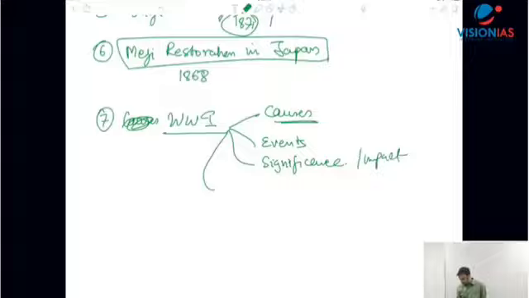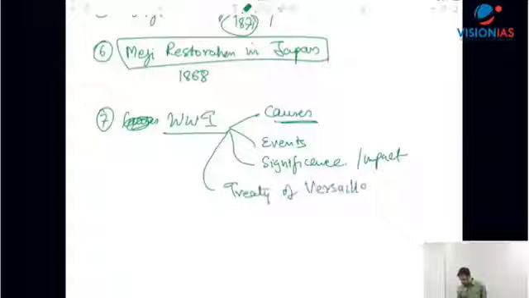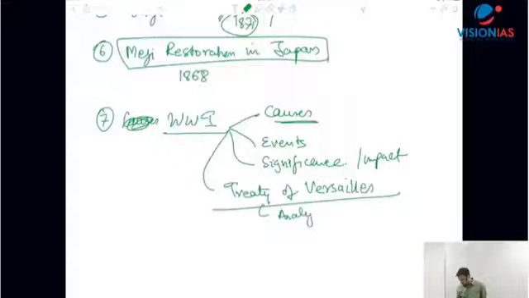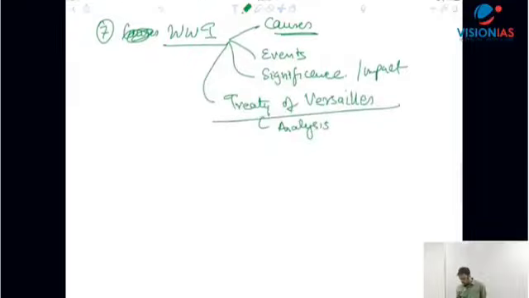Also, what we'll talk about is the Treaty of Versailles, and again, an analysis of the Treaty of Versailles, how effective it was, what were its strengths, what were its weaknesses, etc. Okay. Now, World War I is happening from 1914 to 1919.